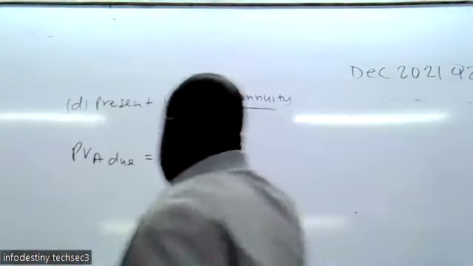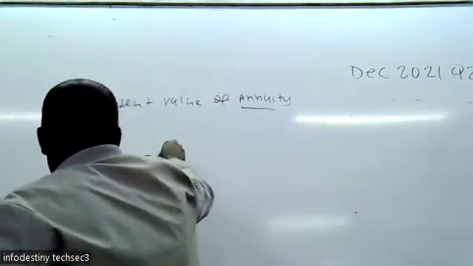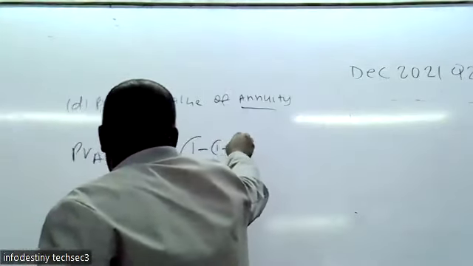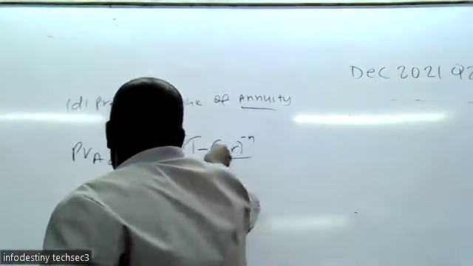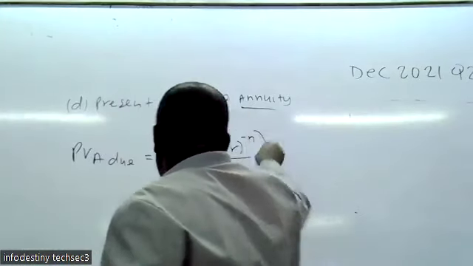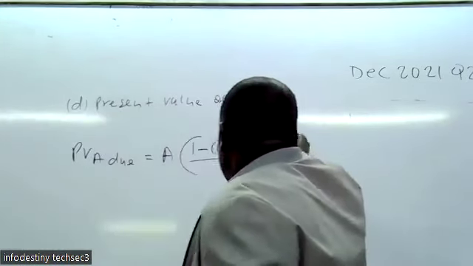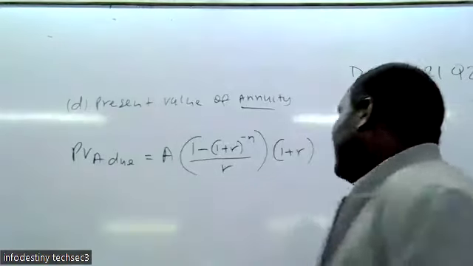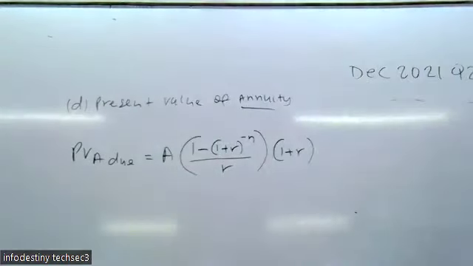So the formula is still the same. It is the annuity, then 1 minus (1 plus r) raised to the power of negative n, then we divide by r. But after that, we multiply again by 1 plus r.